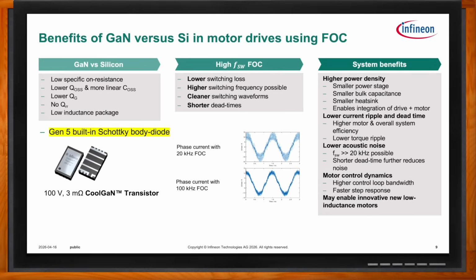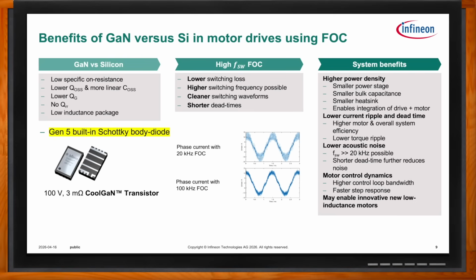In the highlight here in yellow, I mentioned Gen 5, which is our latest GaN technology, has a built-in Schottky body diode. We've done this in the past with silicon transistors, and it was always a big benefit for things like buck converters and all of that. Here, this adds that benefit.